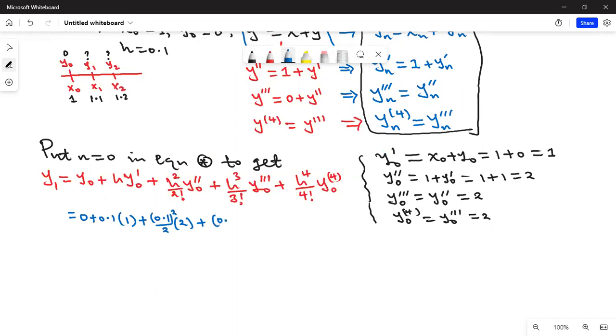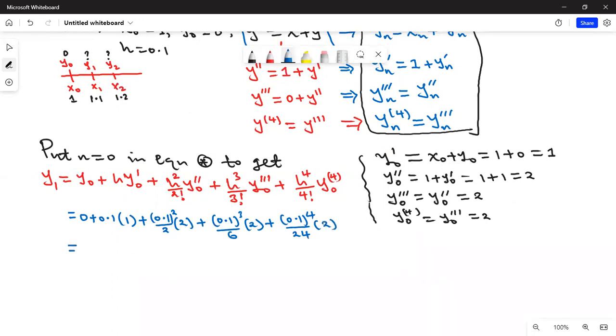Here we have 0.1 cubed over 6, which is 3 factorial, times y0 third prime is 2, plus 0.1 raised to 4. 4 factorial is 24. Y0 fourth derivative, that is 2.